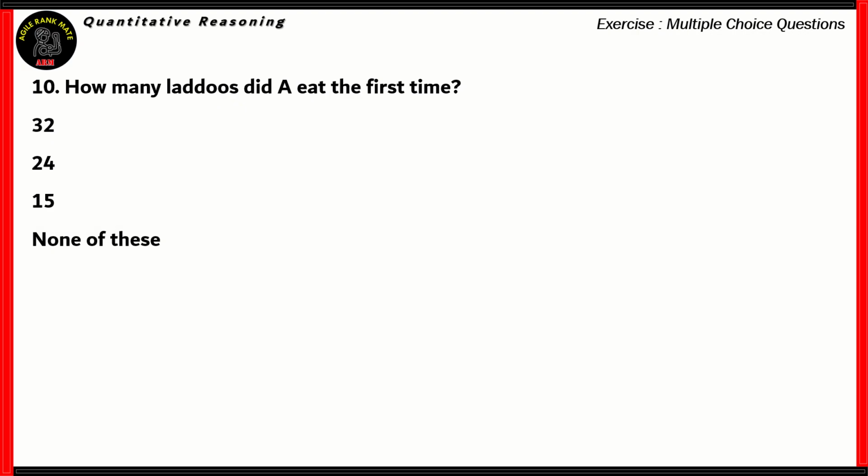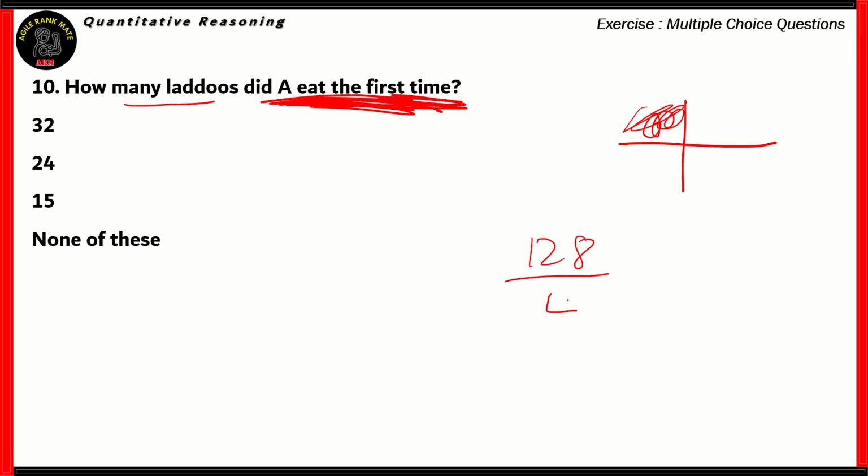Now let's look at the final question for the day. How many laddus did A eat the first time? We're talking about the first scenario where A divided the total number of laddus into 4 parts and ate his particular share. So that basically is 128 over 4. 12 over 4 gives you 3. 8 over 4 gives you 2.